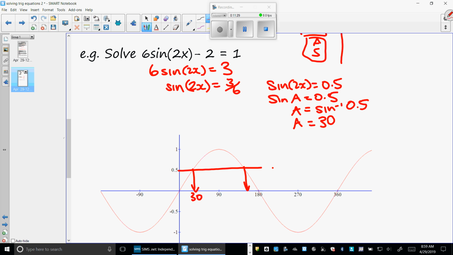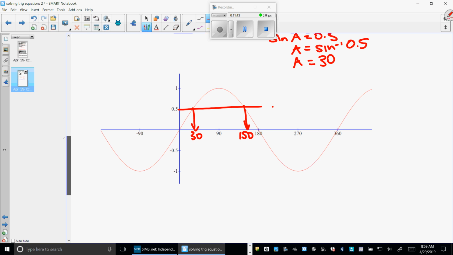Minus that from what? 180 subtract. Remember, you're looking at your symmetry. So that would be 150. So we know that A is 30 and 150.